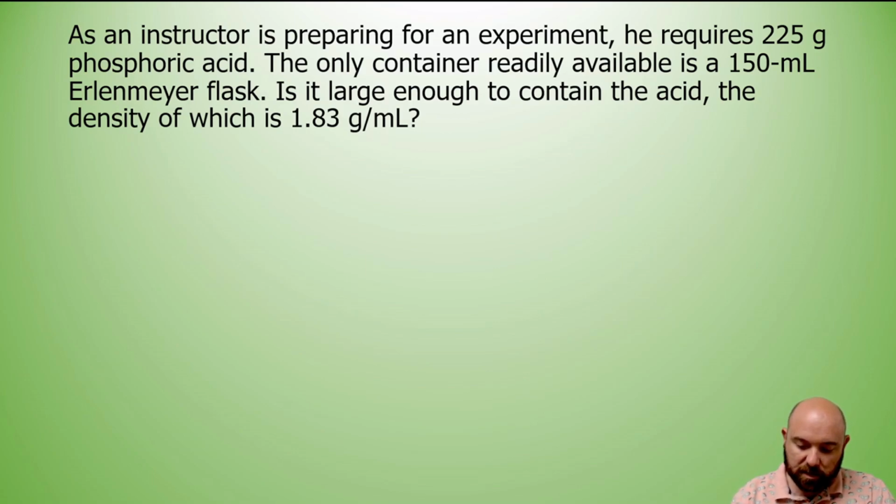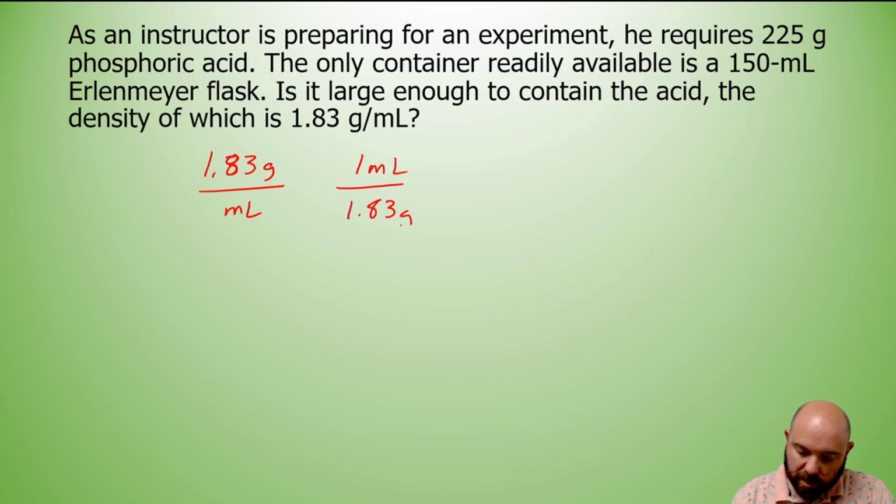So we could say that phosphoric acid has a density of 1.83 grams per milliliter, or we can say that there is 1 milliliter for every 1.83 grams of phosphoric acid. Using that information, we can start with the fact that we have 225 grams necessary for our experiment.